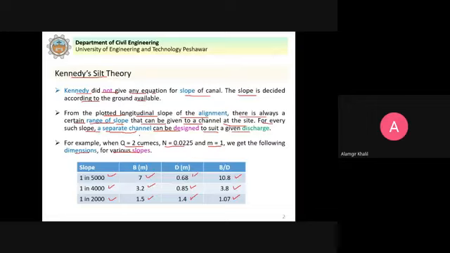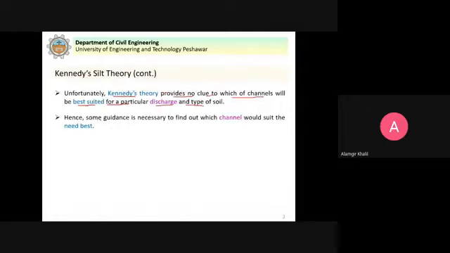So Kennedy's theory does not provide any clue which of the channel sections will be best suited. Clear? Hence, some guidance is necessary to find out which channel would suit the need best.